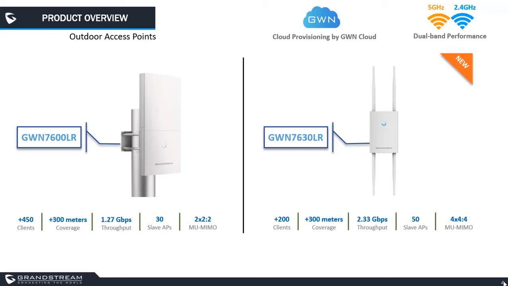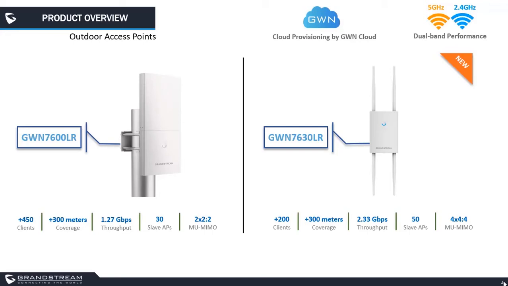And this one is built with 4 antennas for transmission and 4 antennas for reception, which makes it able to handle 4 streams at the same time. It supports 200 clients and an expanded 300 meter coverage range.